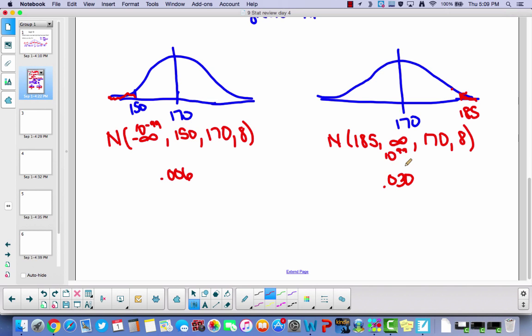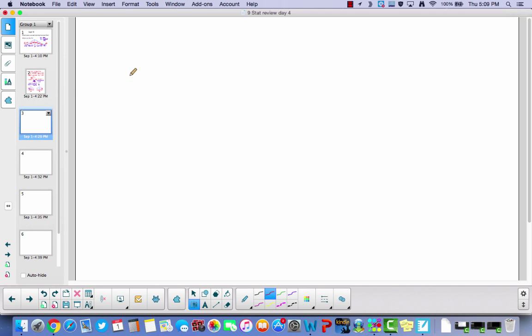Okay. Similar example, let's use the same conditions. So a mean of 170, normally distributed. Standard deviation is 8.